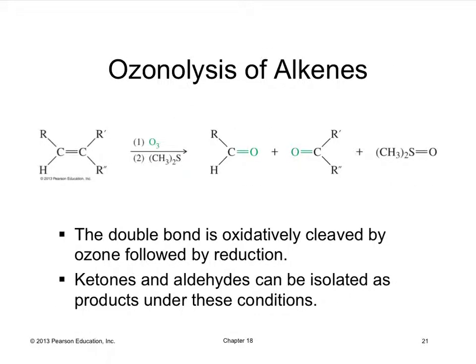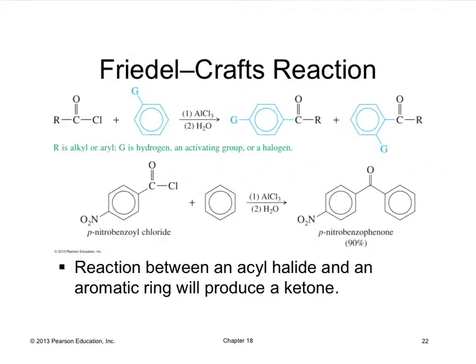You can use ozonolysis to generate ketones and aldehydes. If we have, for example, this molecule here, this will generate an aldehyde and a ketone, accordingly. And you can use Friedel-Crafts reactions to generate ketones.